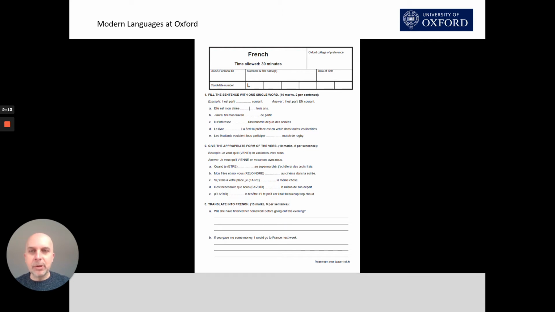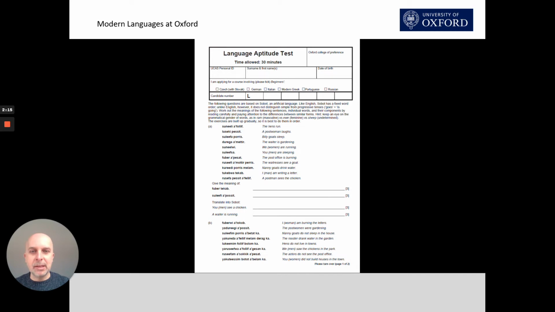I want to also just show you the language aptitude test for beginners languages, because that one's slightly different. This is a test based on a made-up language that someone in the faculty invents a new language every year for this test, and it's trying to find out how good you are at working out the rules of how a language functions from some examples of it.